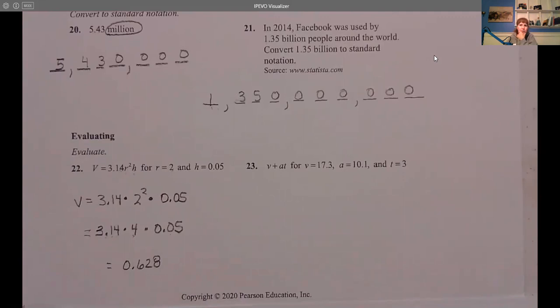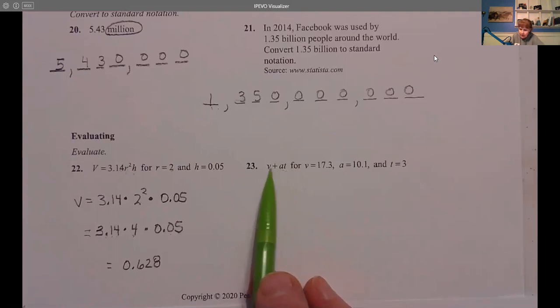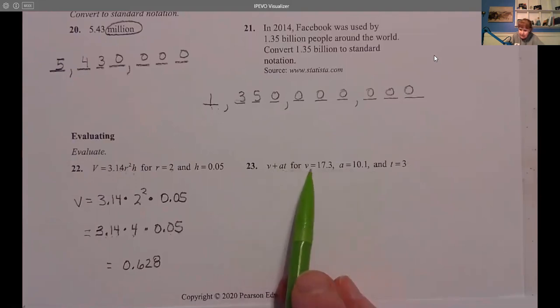All right, let's put our numbers into our next formula. This is a physics formula. It deals with velocity. Actually, the V is velocity, and this A is acceleration, and the T is time. So we're going to go ahead and substitute these in.